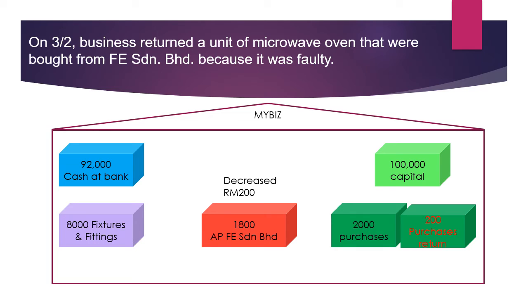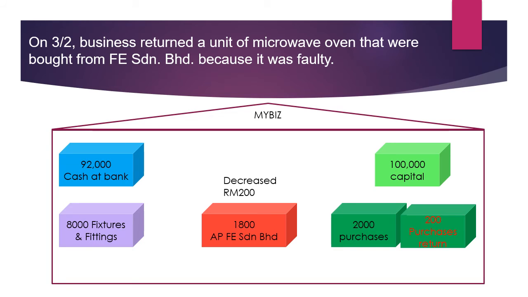So now you return one carton to FE Sdn Bhd. So your debt to FE Sdn Bhd is 1,800 ringgit, because it has decreased by 200 ringgit.